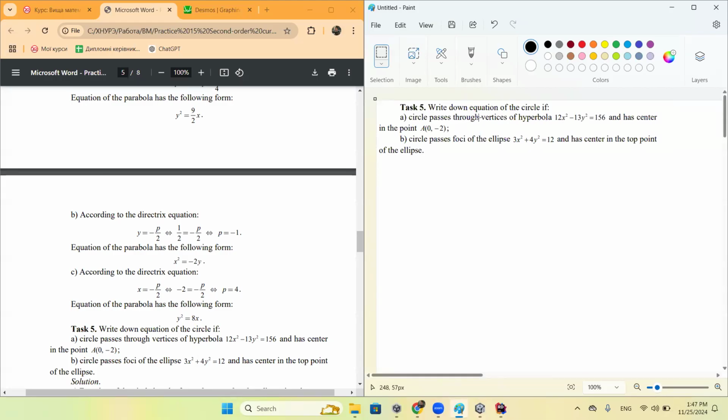For the part A, we need to find the equation of the circle if the circle passes through vertices of the hyperbola and has center in the point A, with coordinates 0 and -2. So let's draw graphs.